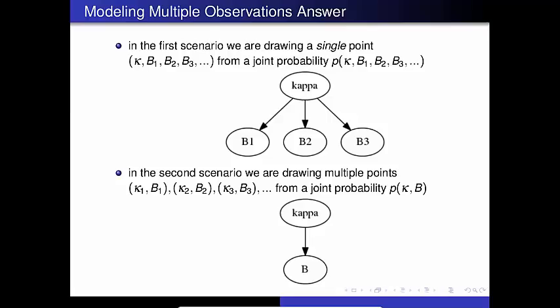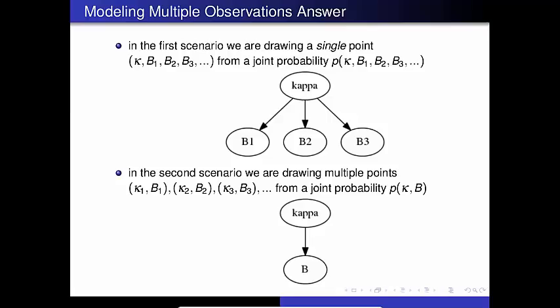Of course, we can sample this many times and we'll get many pairs of kappa and B. So if you wanted, you could draw them like a whole bunch of kappa and B's, all being drawn independently of each other, probably conditionally independent given something like theta, right? Which here you were told you didn't have to worry about.